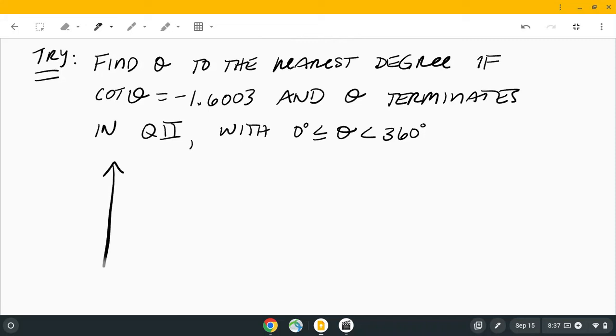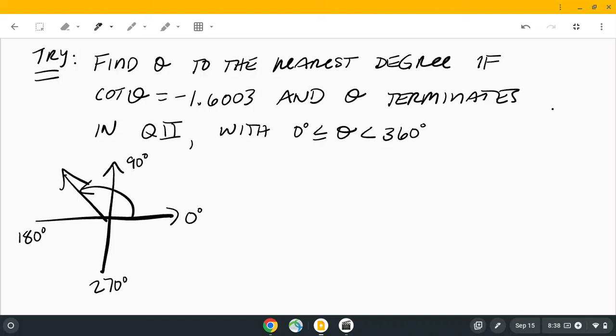So let's draw this so we can make sense of it. 0, 90, 180, 270. We are in quadrant 2. So somewhere over here. So it's this angle that we want.